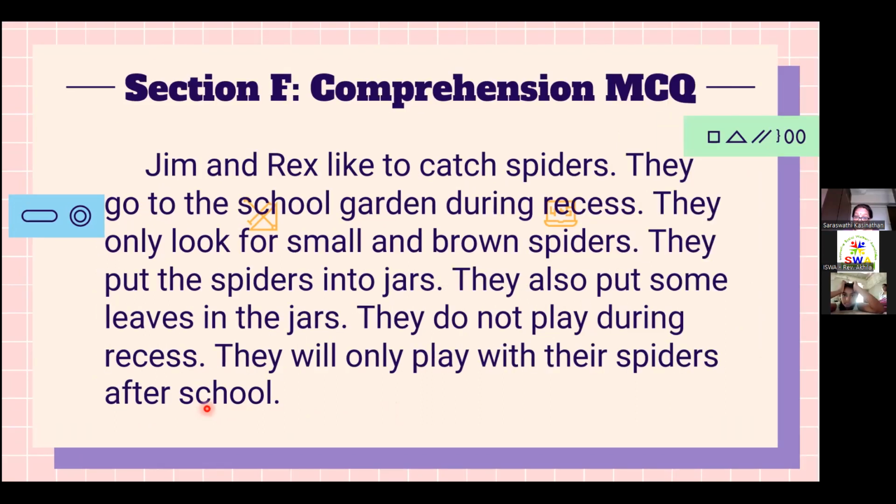So now you've got your main idea. You have read the words and you have made sense of the words already. Can you bring it back to your own experience? Some of you may have caught spiders before. Some of you may have caught other kinds of small animals, or you may have pets or things that you do in school, right?